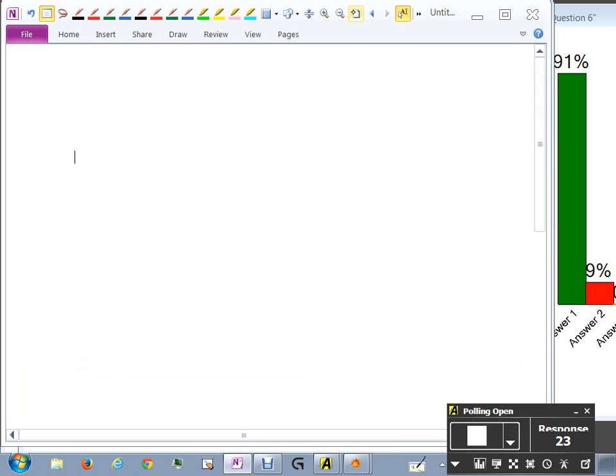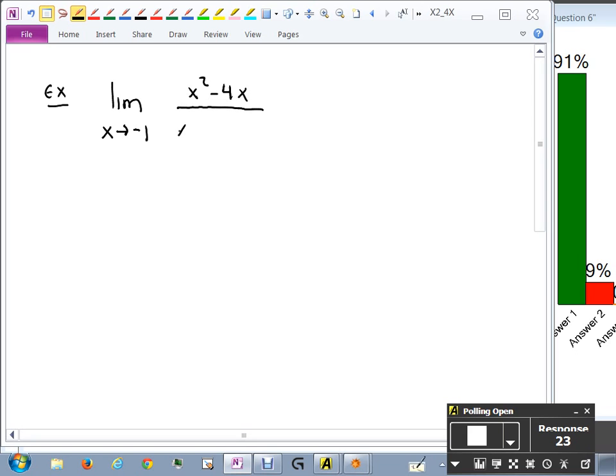Try a different problem. How about the limit as x approaches -1 of x squared minus 4x over x squared minus 3x minus 4.